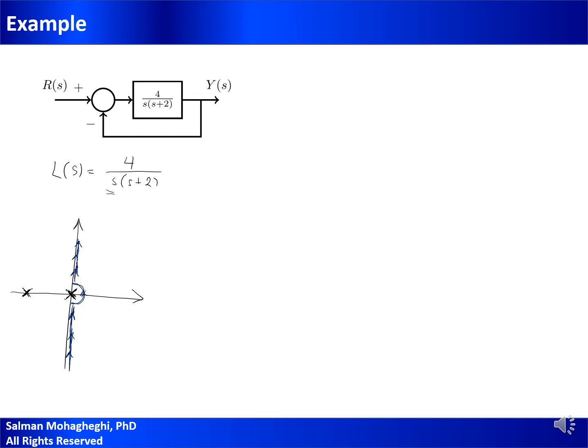Let's first start with our step 1, which is rewriting my loop gain in the standard form. This is going to be 4 divided by s, times 1, and then s plus 2, I rewrite it as s over 2 plus 1, and then I multiply the 2 here.